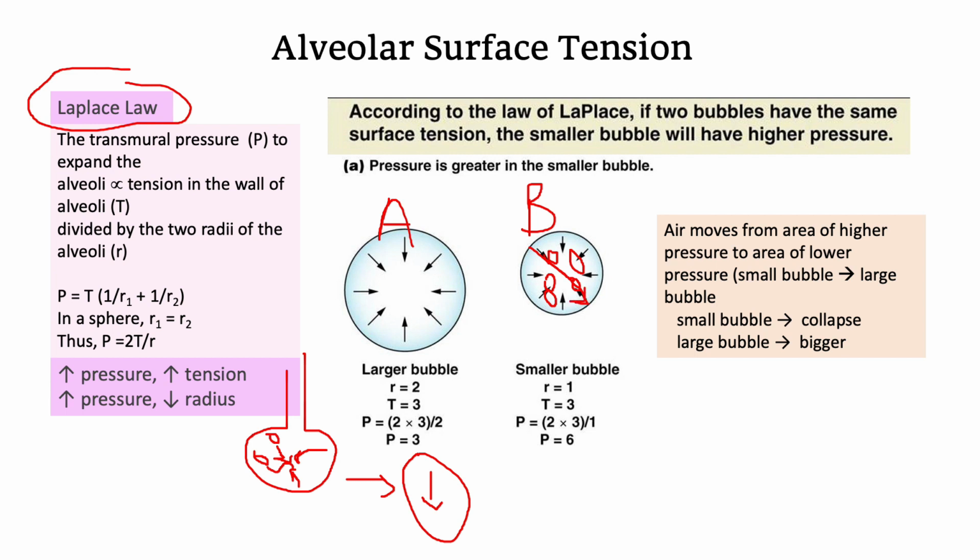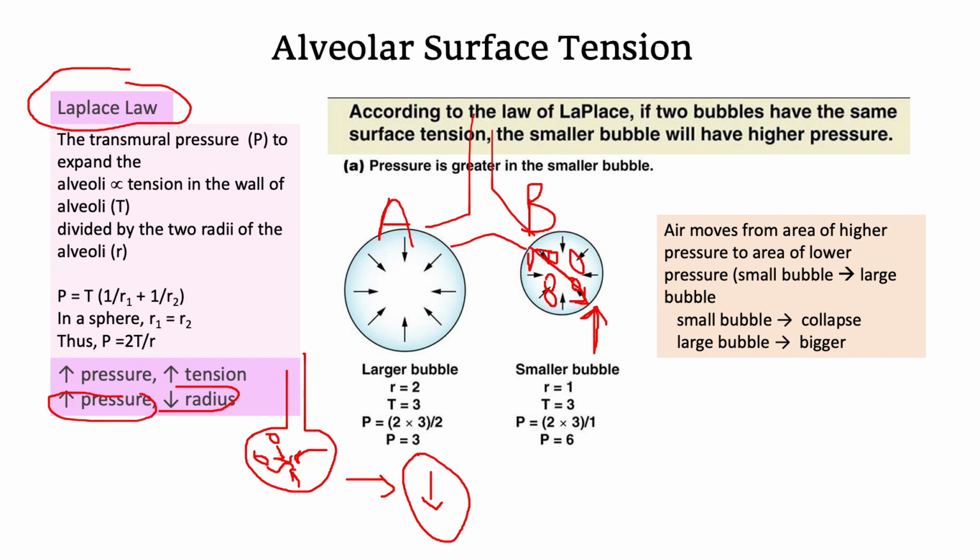Remember that Laplace's law said that low radius means high pressure, because pressure is inversely proportional to the radius. So there is higher pressure in alveoli B. If these alveoli are connected, what will happen?